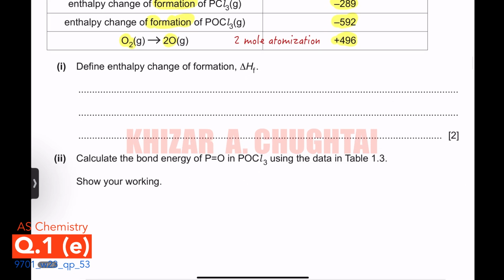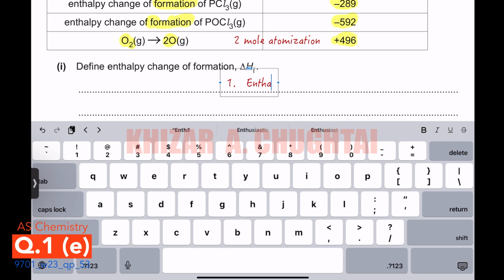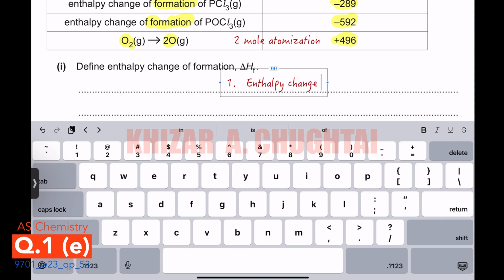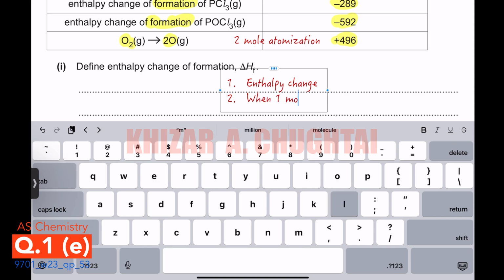Part 1, define enthalpy change of formation. Number 1, enthalpy change. Number 2, when 1 mole of compound is formed.